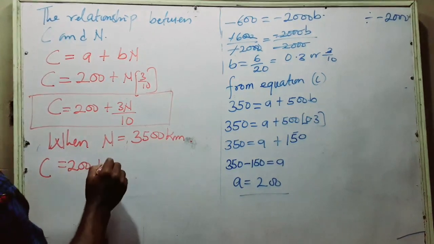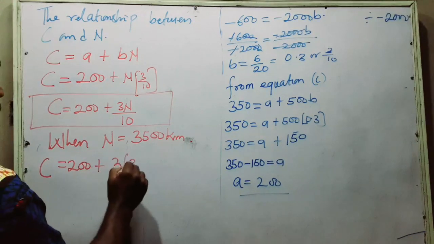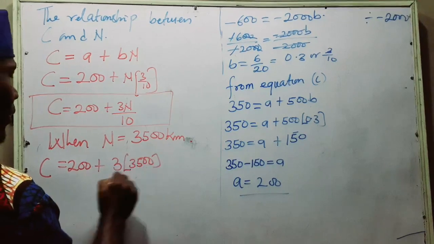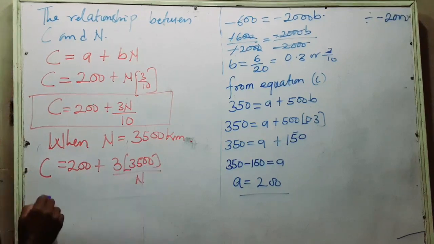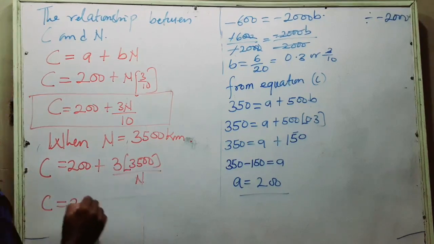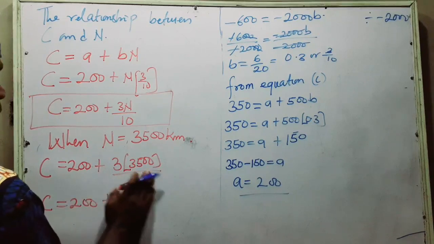C will be equal to 200 plus 3 times 3,500 divided by 10.